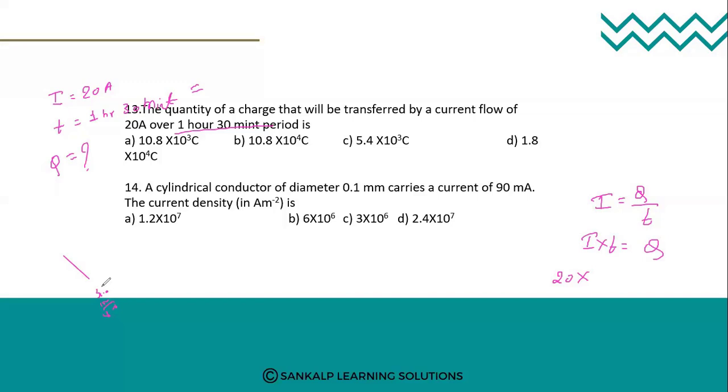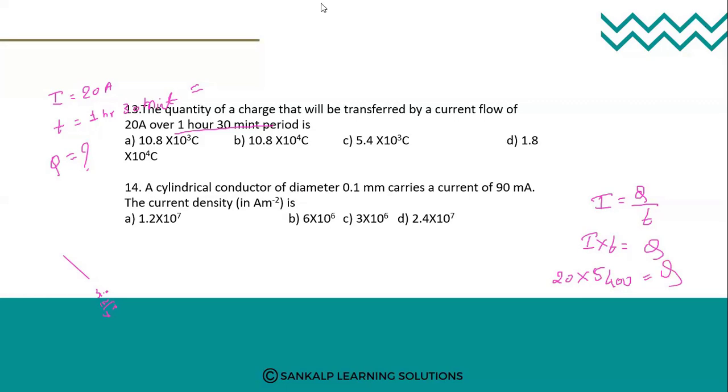So 20 into 5,400 seconds. Yes, Lubna, your answer is right. Yes, JNV students, hope you are getting the answer. So this will be 5,400 seconds. So you just need to multiply 54 into 2 and the remaining zeros.